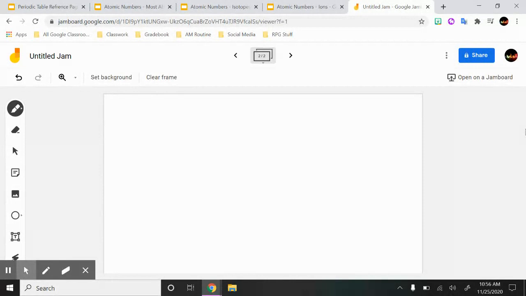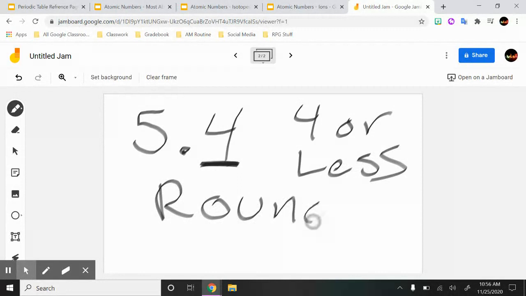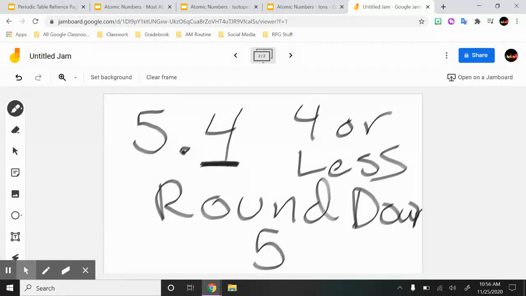So for us, let's just say we have 5.4. If the number after the decimal is 4 or less, we round down. Okay, so if I round down, this is going to become 5. It's closer to 5 than it is to 6, so we round down.